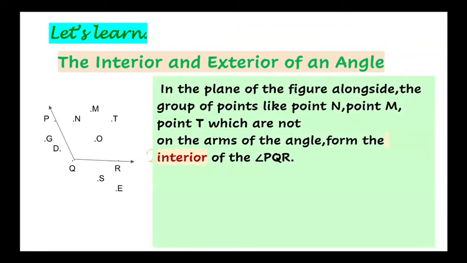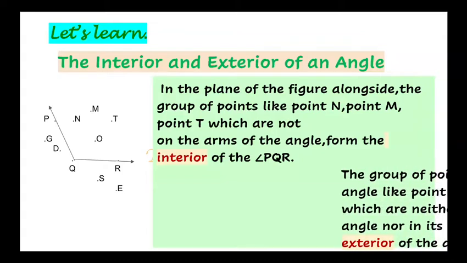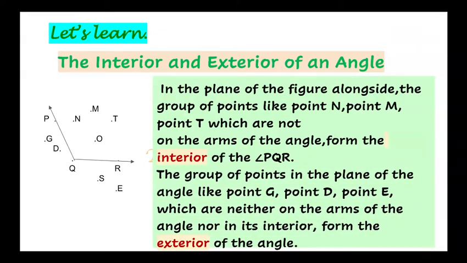In the plane of the figure alongside, the group of points like point N, point M, point T, point O, which are not on the arms of the angle, form the interior of angle PQR. The group of points in the plane of the angle like point G, point D, point E, point S, which are neither on the arms of the angle nor in its interior, form the exterior of angle.